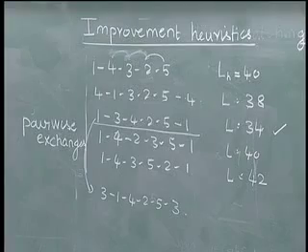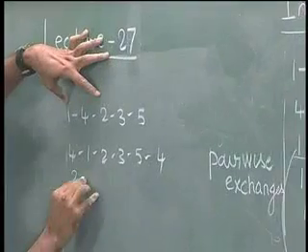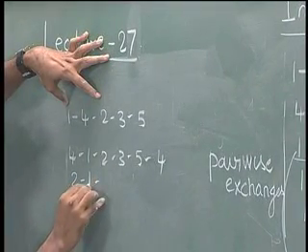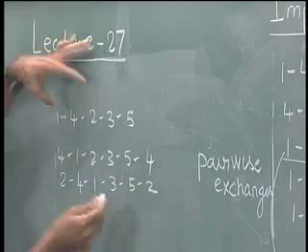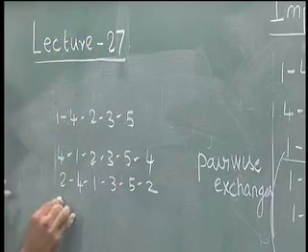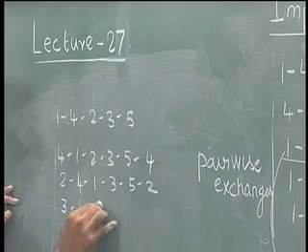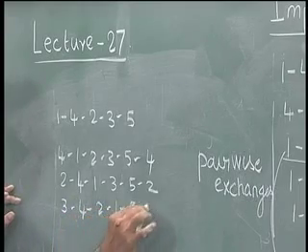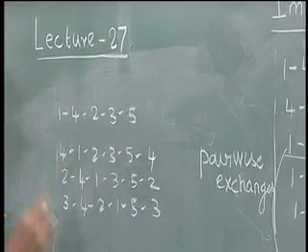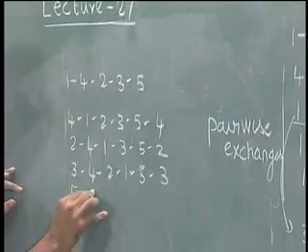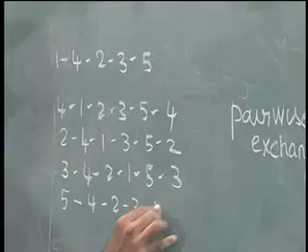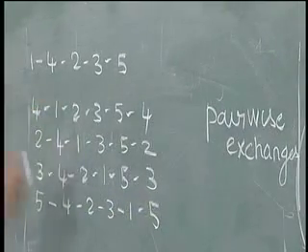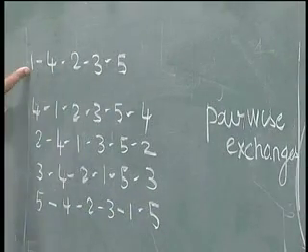The second one can be 1 and 3, so I will have 2 1 2 4 1 3 5 2. Then this exchange 3 4 2 1 5 3, and then this exchange 5 4 2 3 1 5. These are the 4 possible exchanges with 1.